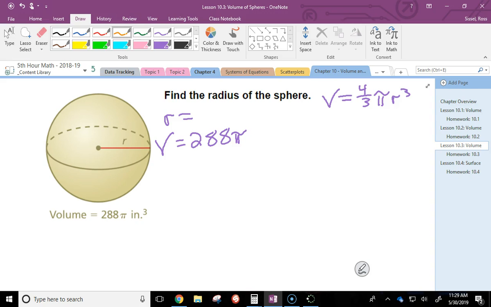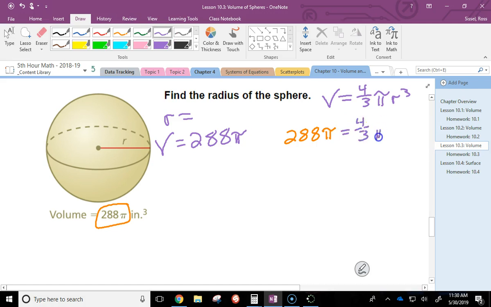They said pi because they didn't want to say 3.14, they wanted all the decimals. So I'm going to substitute in 288 pi for volume, equals 4/3 pi, and we are trying to solve for my radius.